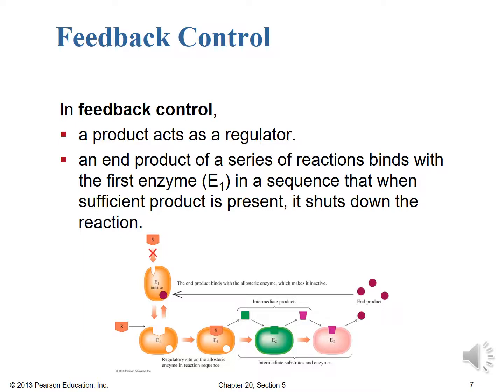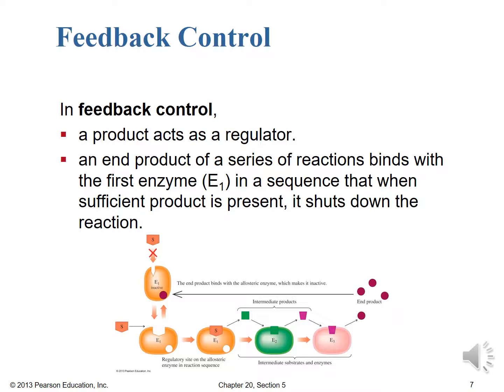If your enzyme is there to create product because you need it, well, once your enzyme is creating so much product that there's excess product around, that end product can go back and be an allosteric inhibitor. It can bind to the non-active site, as we show in our cartoon there, and prevent more substrate from binding, altering that active site so that substrate can't bind.